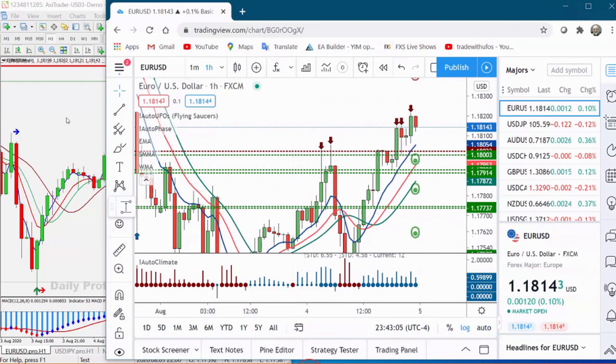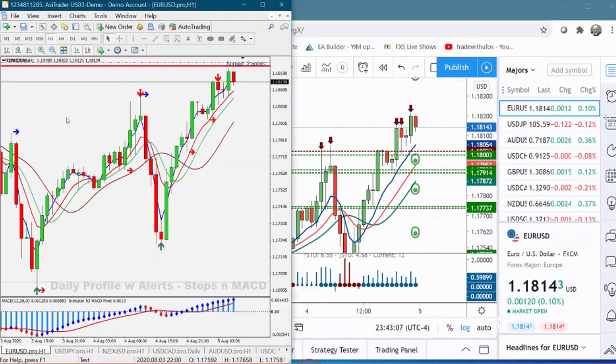It's not really going to come down to anything. So again, my thought is that I'll leave this trade on and we'll see what happens. But I expect that we will get stopped out.